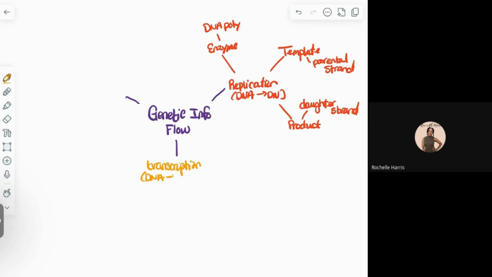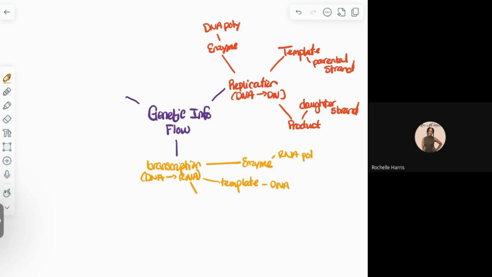DNA to RNA. We have enzyme, where the RNA polymerase is involved. The template is the DNA.